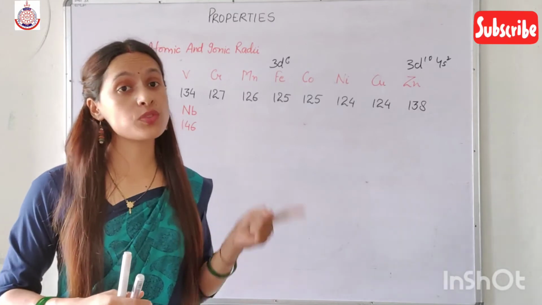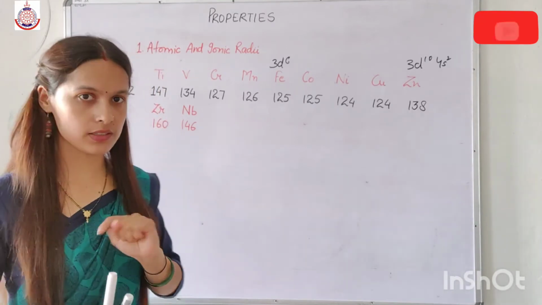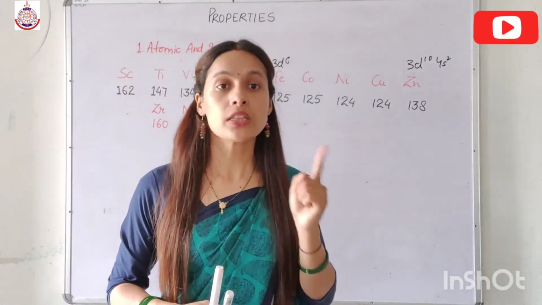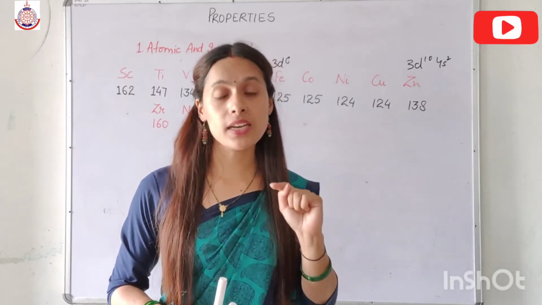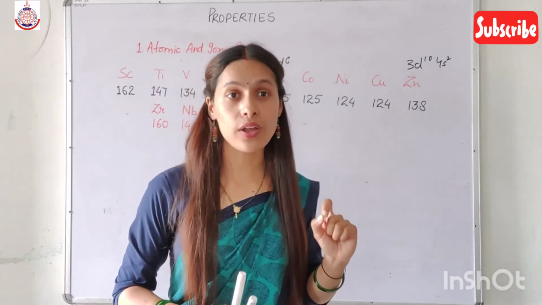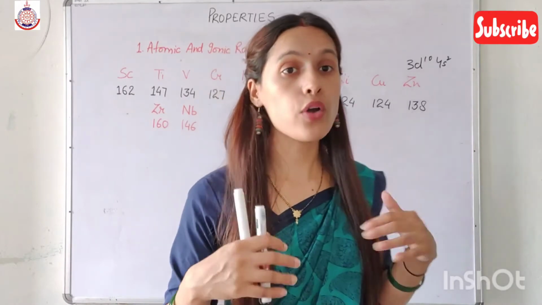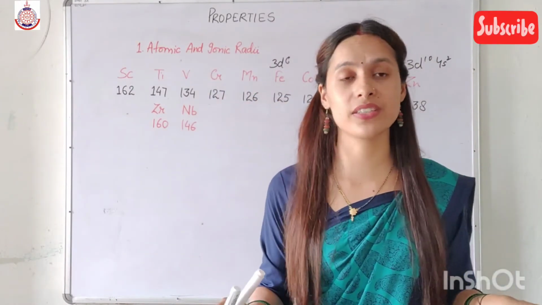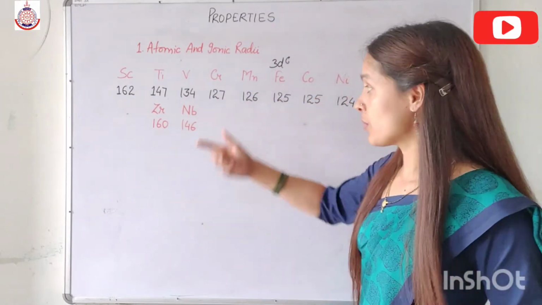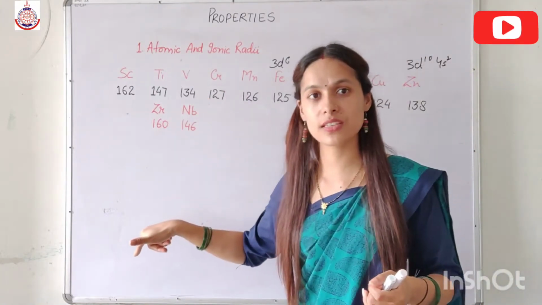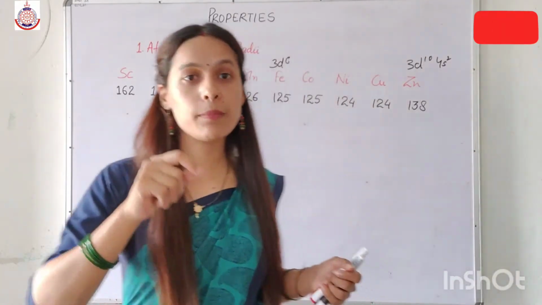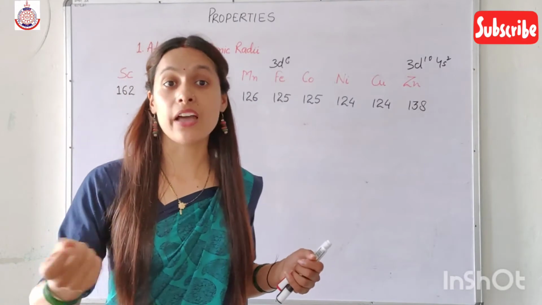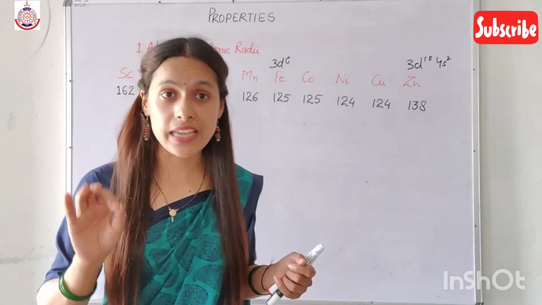But when we move from second to third transition series, there is a very less increase in the atomic radii, or we can say that there is no increase in the atomic radii. लेकिन जब हम सेकेंड से थर्ड ट्रांजिशन सीरीज में आते हैं तो या तो वहां पे बहुत कम इंक्रीज होता है या फिर बिल्कुल भी इंक्रीज नहीं होता है.